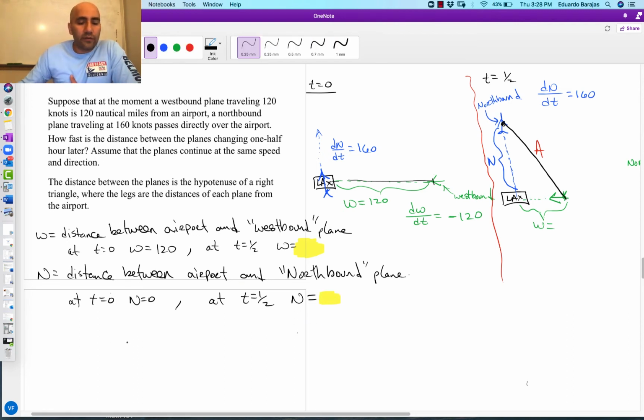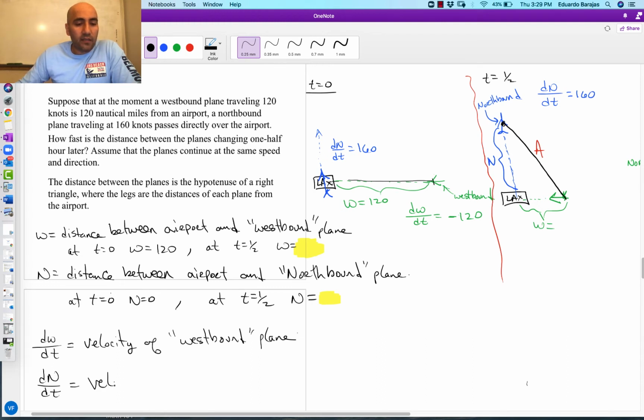We also have these derivatives running around. So we have dW/dt, which is the speed or the velocity of the westbound plane, and we have dN/dt, which represents the velocity of the northbound plane.